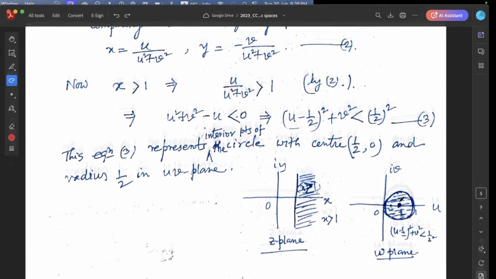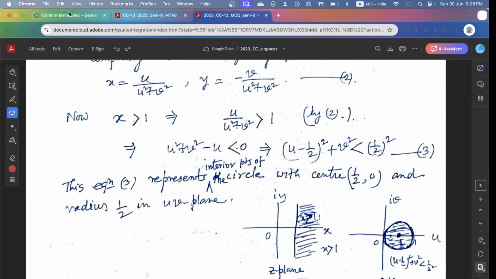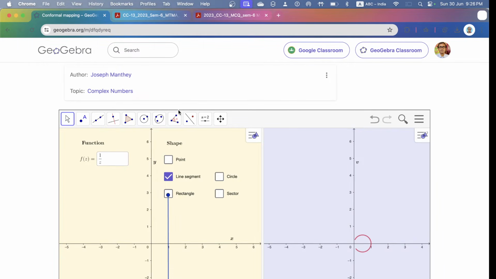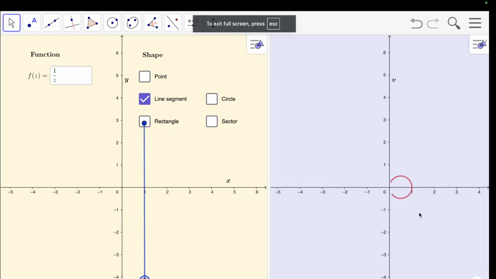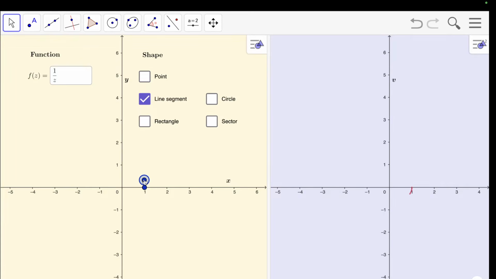Actually, you can find this beautifully by this graph, GeoGebra.